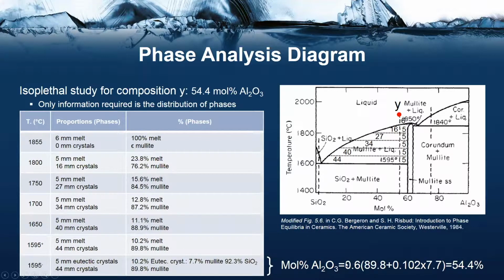Well, we take 0.6, which is the mole fraction of Al2O3 in the mullite, and we multiply this with 89.8, which is how much mullite we have in these crystals, and we add the mullite in the eutectic crystals, which is then 0.102, this 10.2%, times 7.7, which is this 7.7% mullite, and we get 54.4% of this Al2O3.